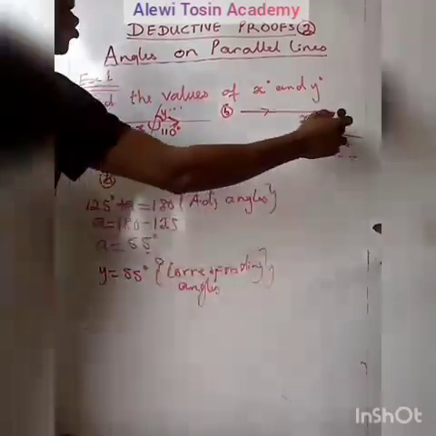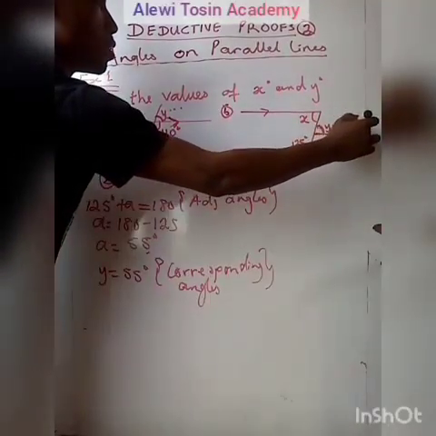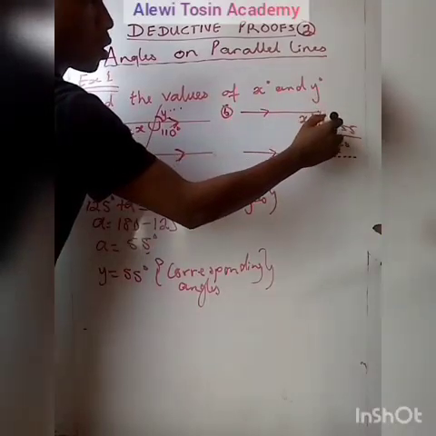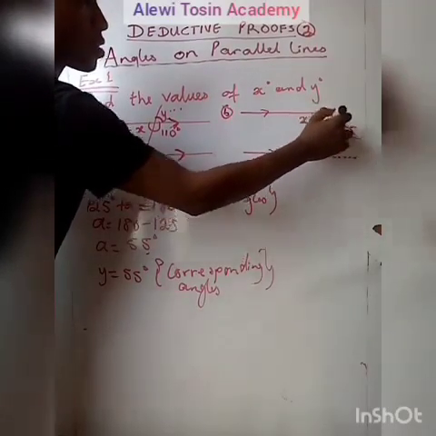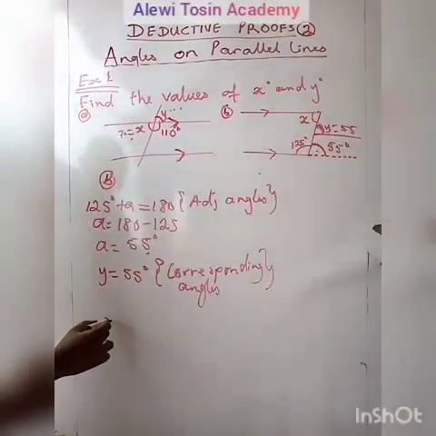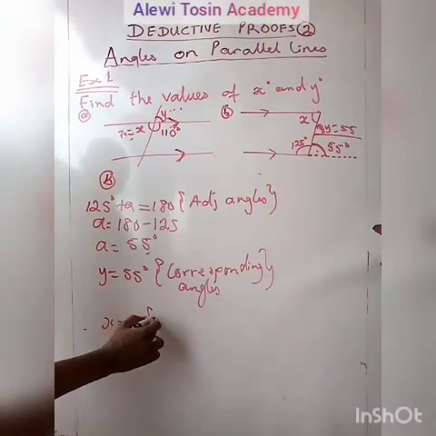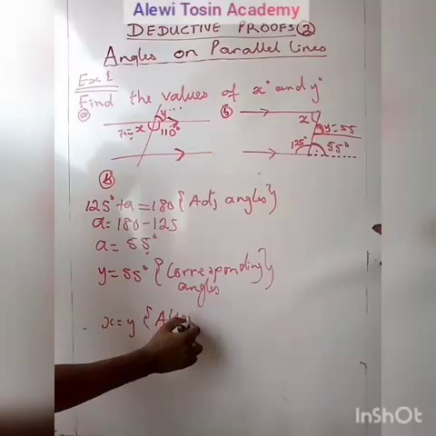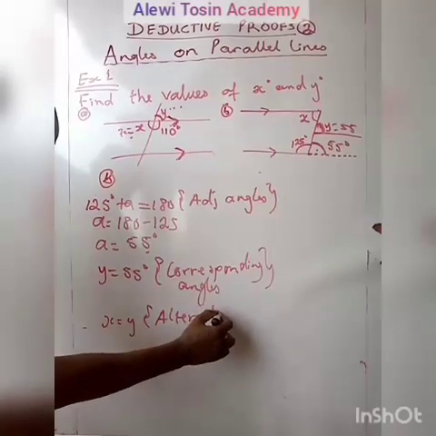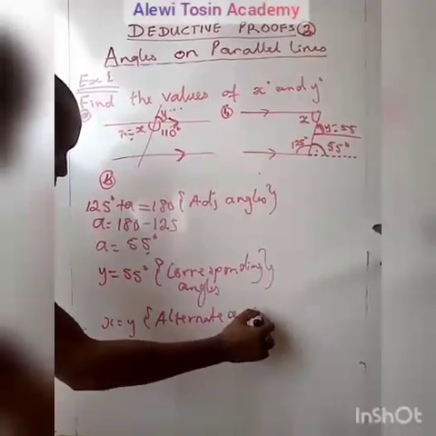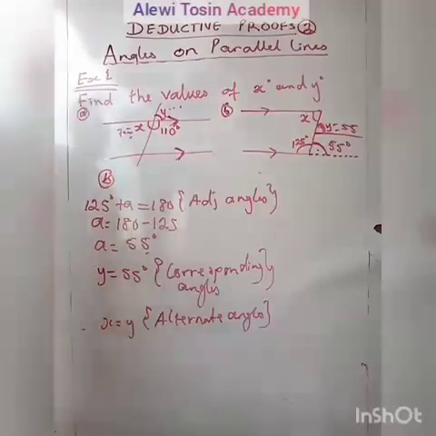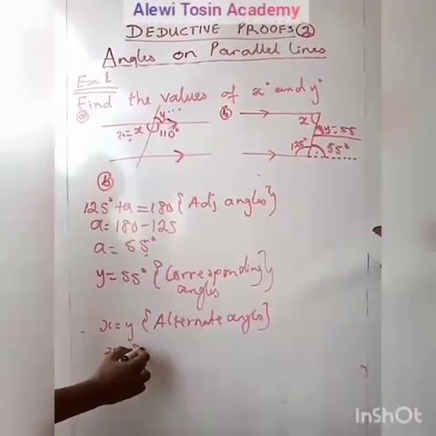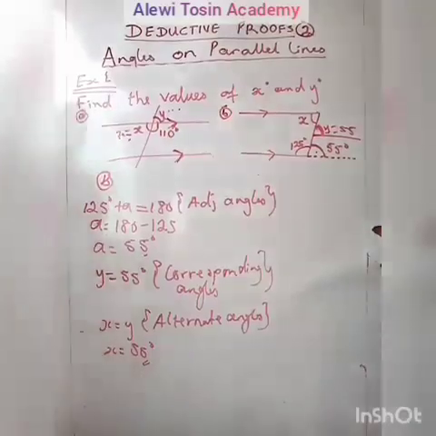And when y is equal to 55, we can say that this alternates this. x is equal to y, as alternate angles. And our y is 55 degrees. So that's our x and y.